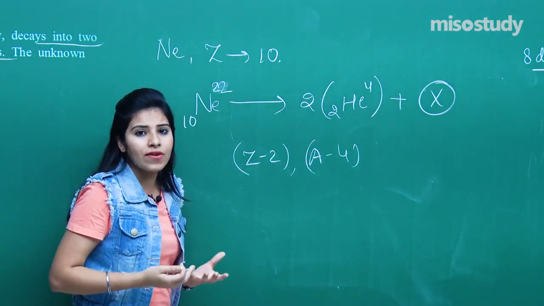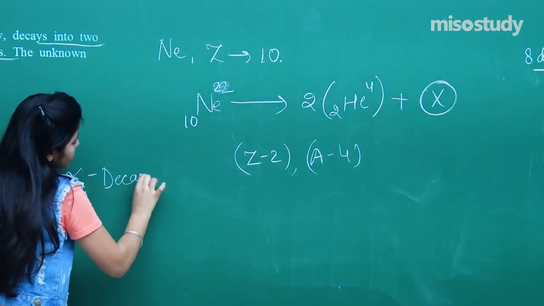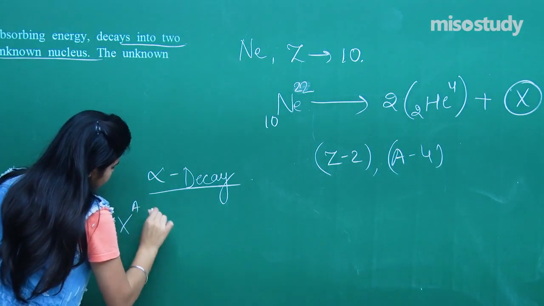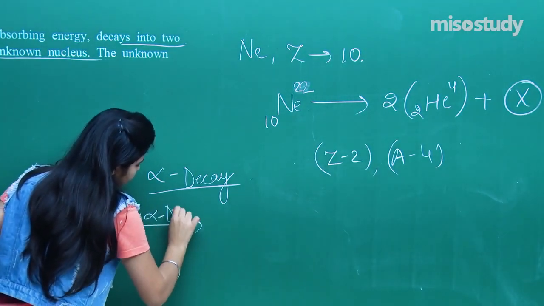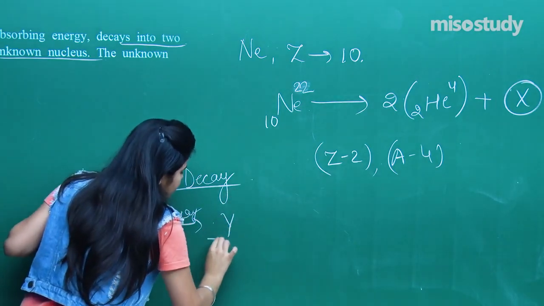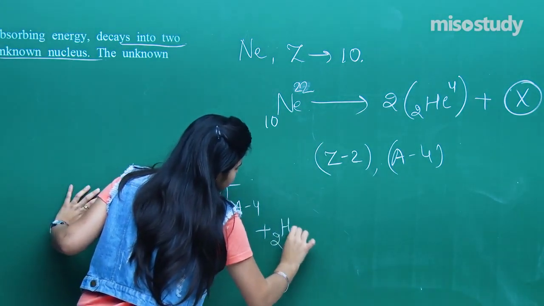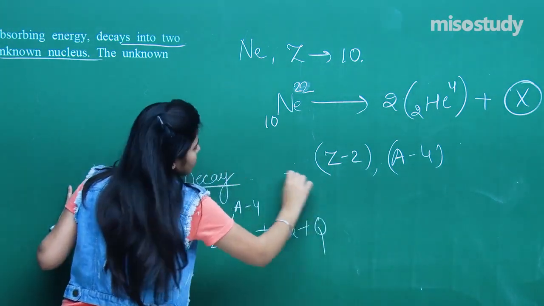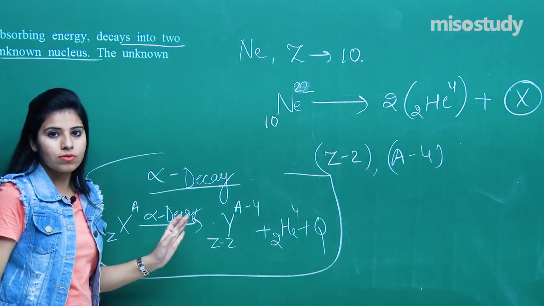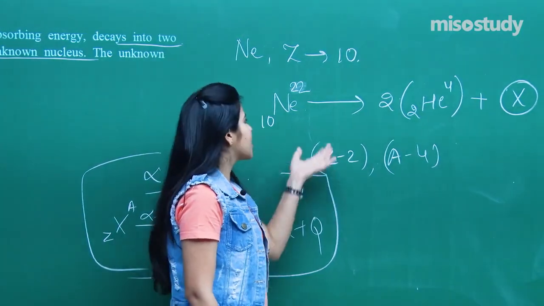What do we mean by alpha decay? Let me write it again for you. This is the process of alpha decay, right or wrong? Right.